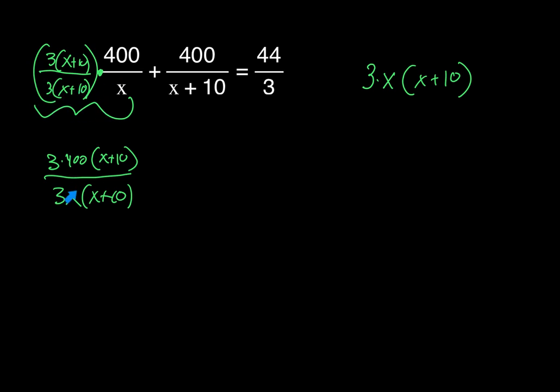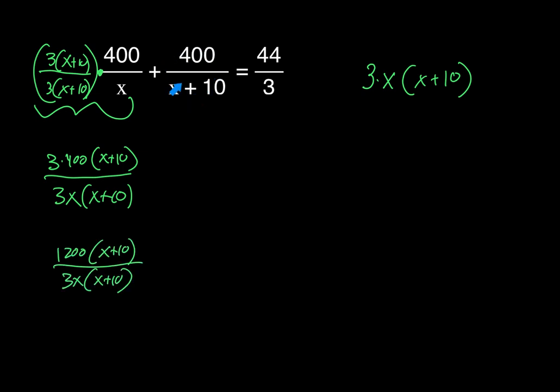I'm only multiplying so I can rearrange the order. And that will give me 1200 times x plus 10, all over 3x, x plus 10.